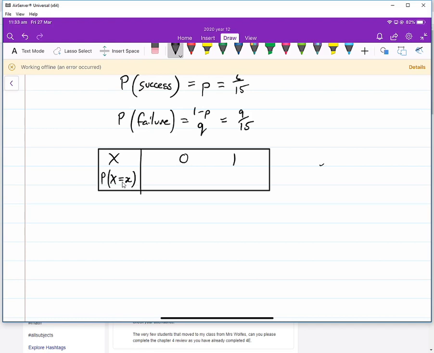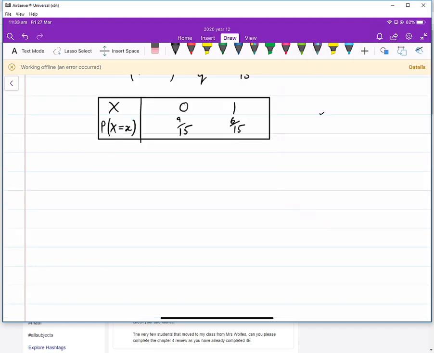Okay, so what this is talking about is, if we did a graph of that, here's my x variable and here's my y variable.